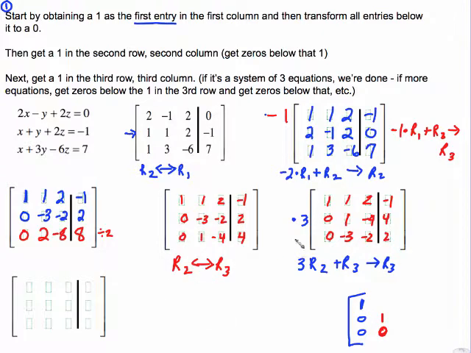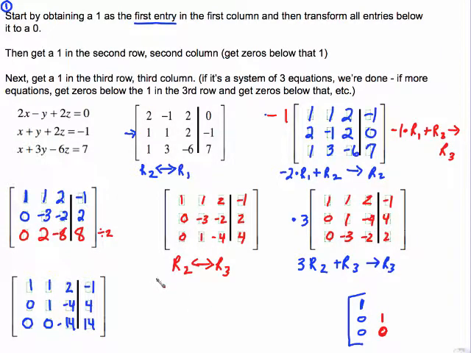So that is 3 times 0 is 0, plus 0 is 0. 3 times 1 is 3, plus -3 is 0. 3 times -4 is -12, plus -2 is -14. 3 times 4 is 12, plus 2 is a positive 14. These other two rows are going to stay as is. 1, 1, 2, -1, 0, 1, -4, 4.